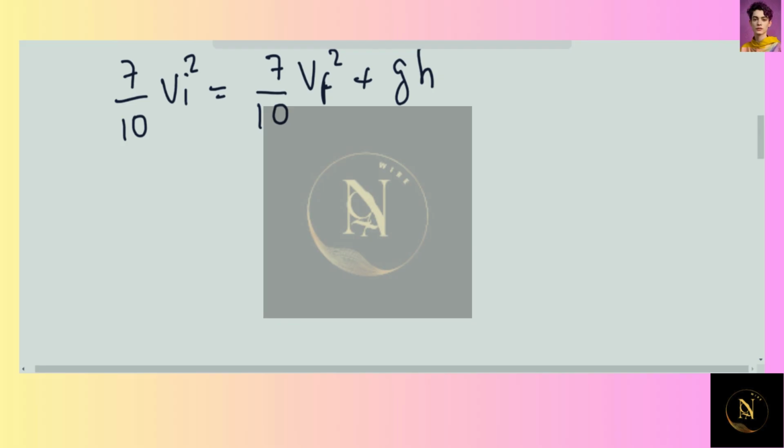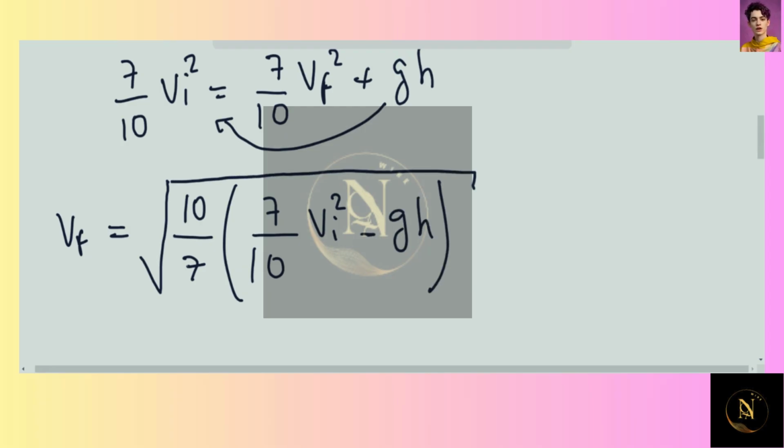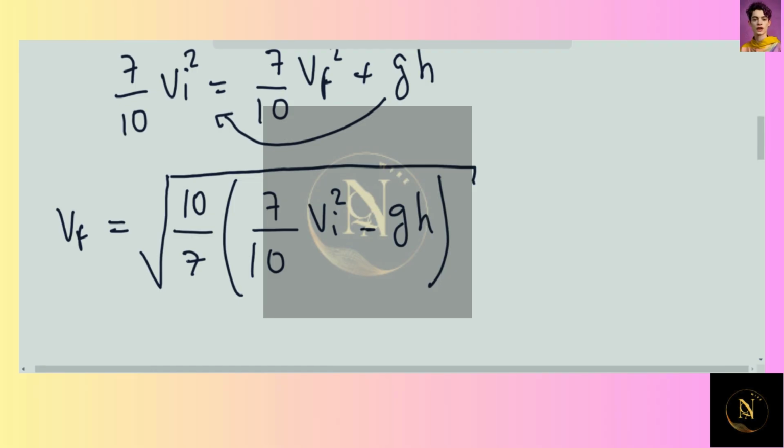So finally, we need to solve for v, and that will give us the square root of this, passing this to the left side with a negative sign. So this is what we have by solving for v final. This is the expression for the final velocity just before the ball falls from the cliff.